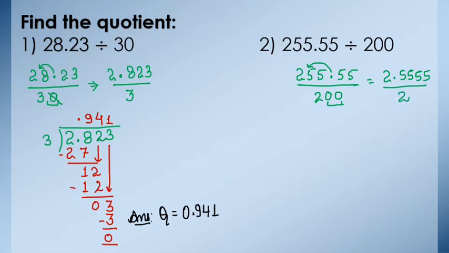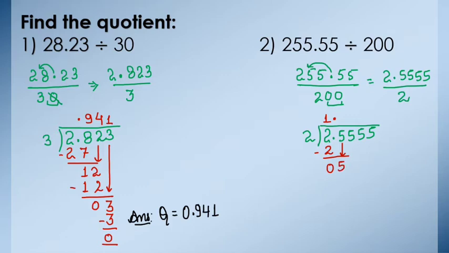Now we can divide this number by 2. 2 ones are 2. Subtract it. 0 will be left. Now before copying down the next digit, firstly we have to place this decimal in the quotient. So put it in the quotient and bring down 5.